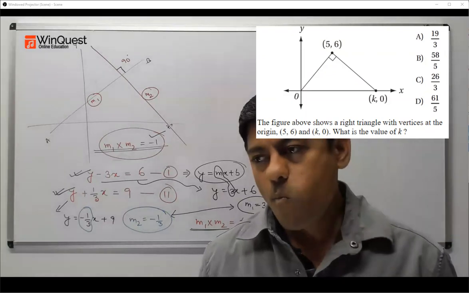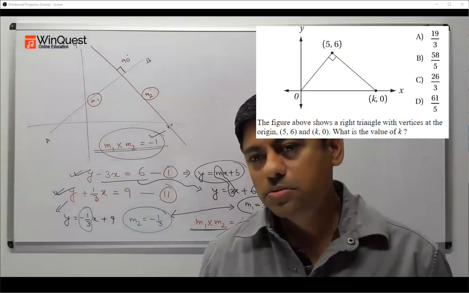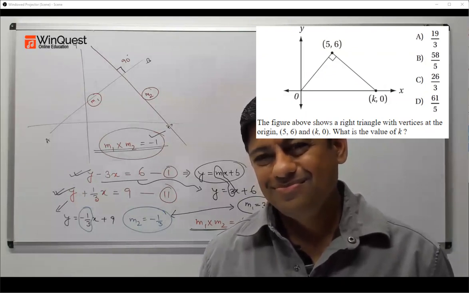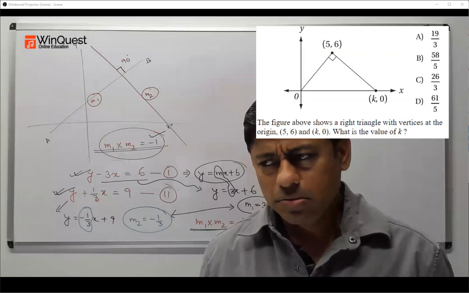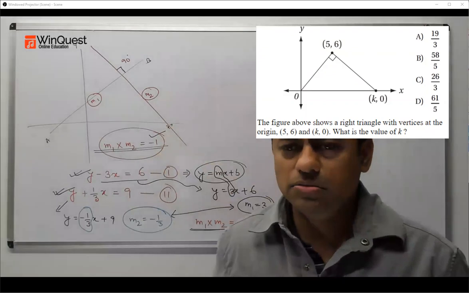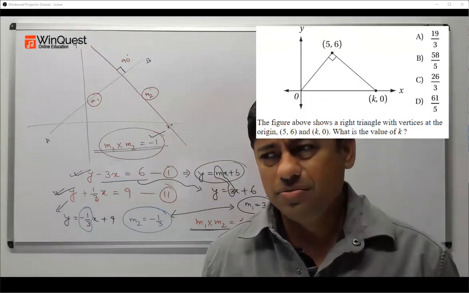Jasmita, any thoughts? Can we apply Pythagoras rule here? Well, you only have one side length. We have 5 and 6. If you think of the triangle in the opposite direction, 5 square plus 6 square equals k square. Is it true?